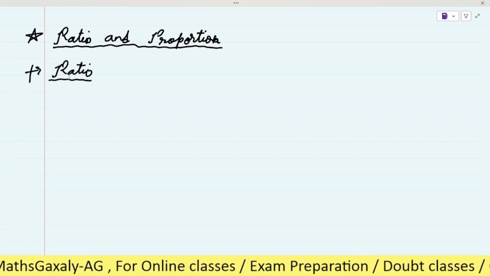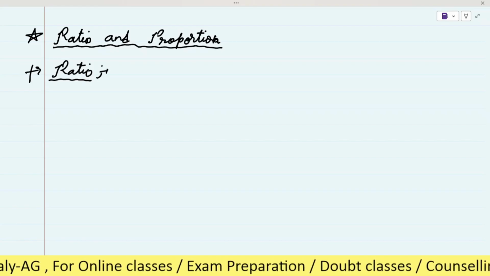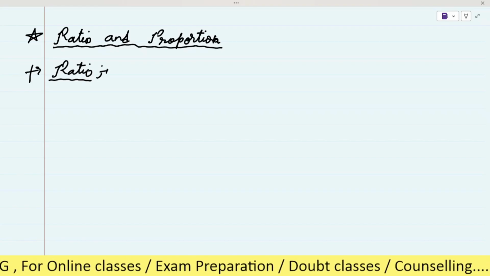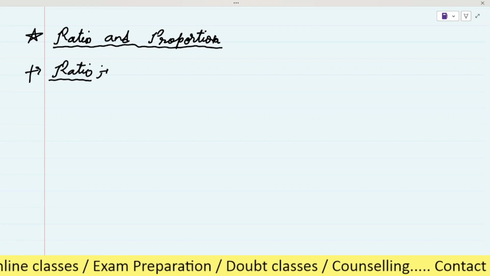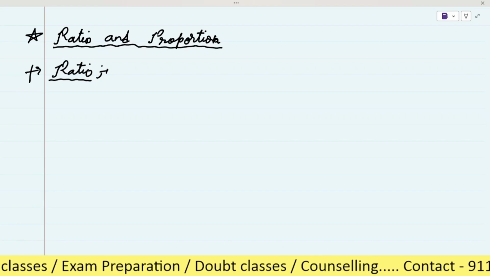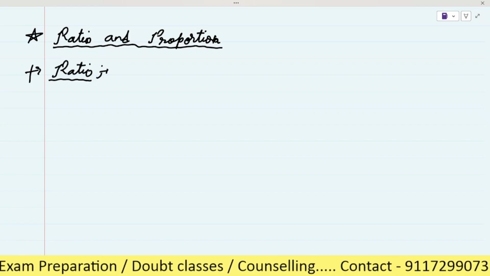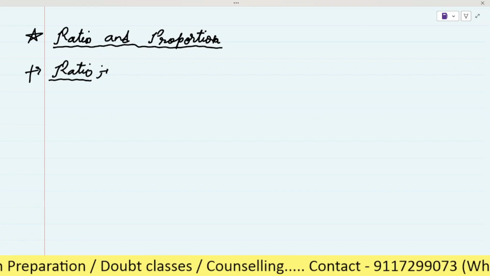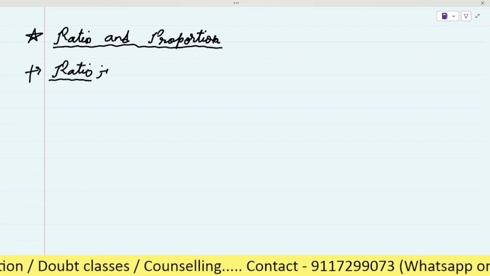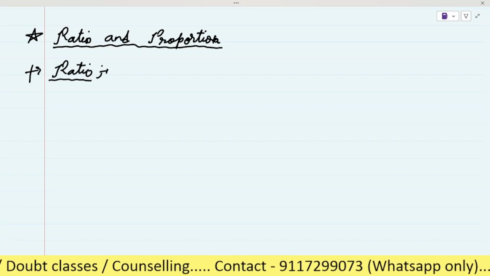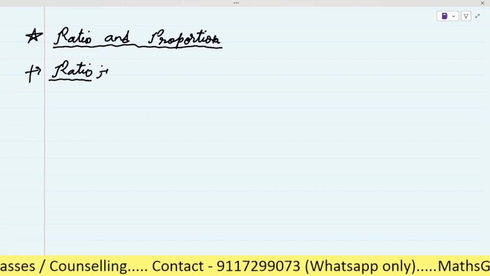So first of all, can you please define what you know about the ratio? Ratios are used to compare two things. Very good. Ratio is mainly the comparison of two quantities or any two data, but they should be of the same kind.